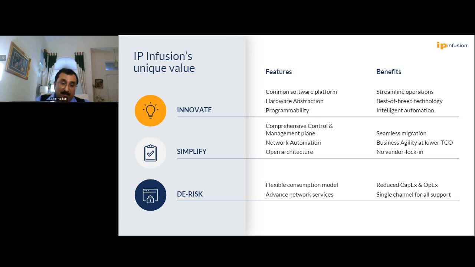And last but not least, providing world-class technical support for both the hardware and the software. So you get an OEM-like experience from a single window, being able to call one number for your solution, de-risking it. So essentially our essence is simple, scalable, seamless interworking network. Basically, that's what we do in a nutshell.